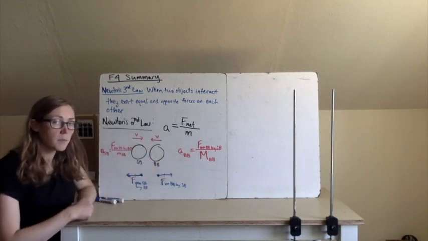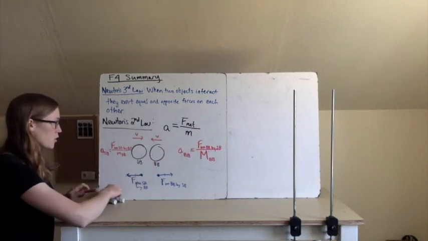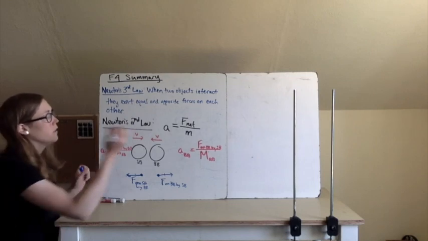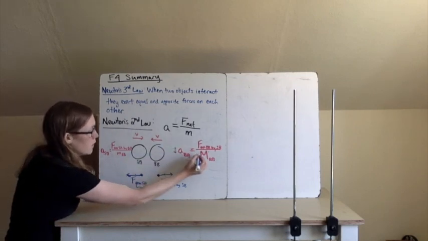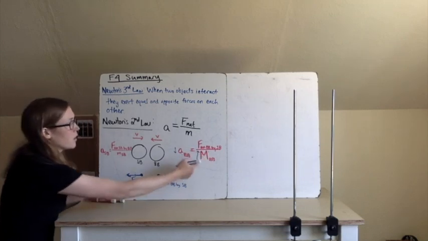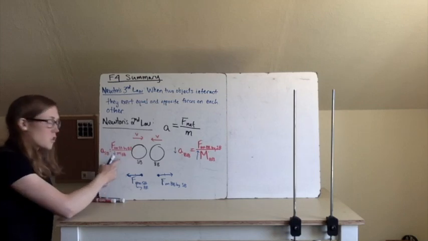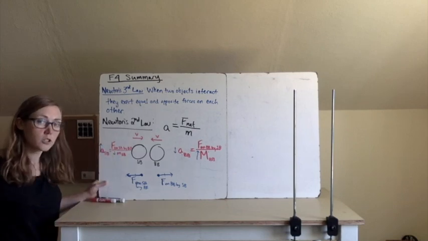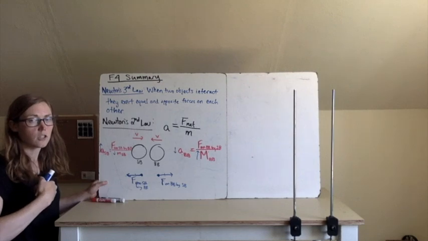The bowling ball has a much larger mass, so when we divide that force by the larger value, our acceleration is much lower for the bowling ball. So we have a small acceleration on the bowling ball due to the large mass, whereas because the mass here is small, we're dividing by a small number, so the acceleration is much larger for the soccer ball, which is why we saw it quickly slow down and change direction.